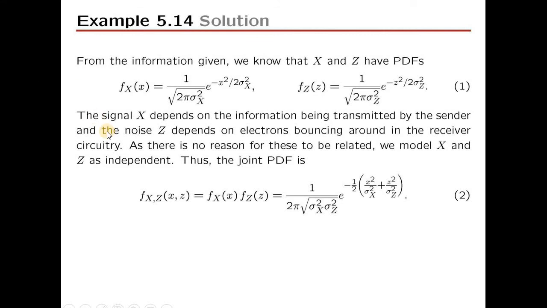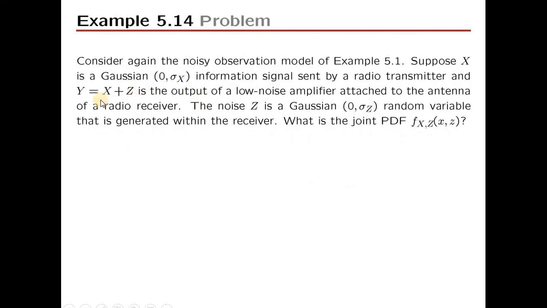Now again, another example where we represent Y is equal to X plus Z, where X is a Gaussian with zero mean and some standard deviation, and similarly Z is another Gaussian random variable. The main idea is that we have to find whether X and Z are independent or not.